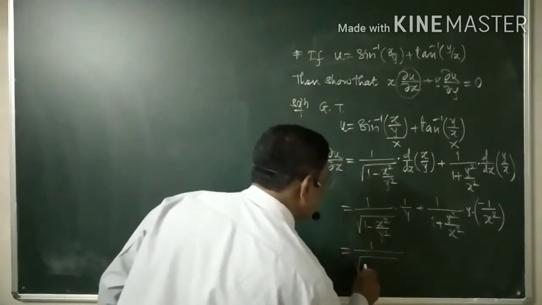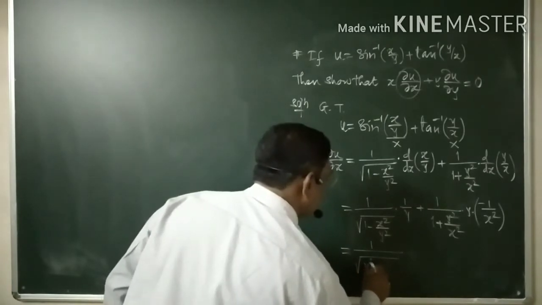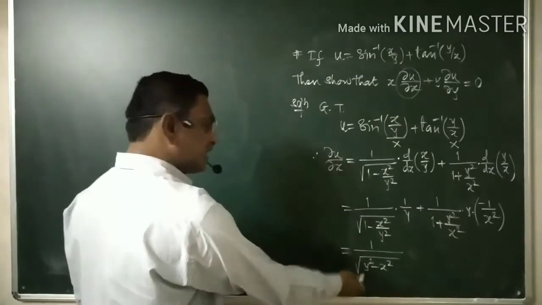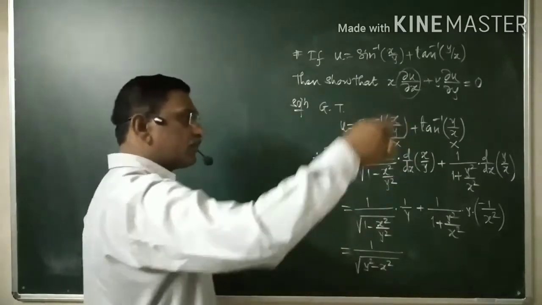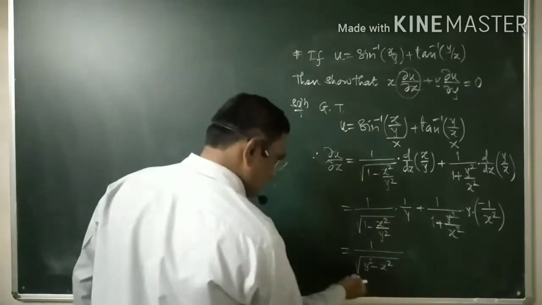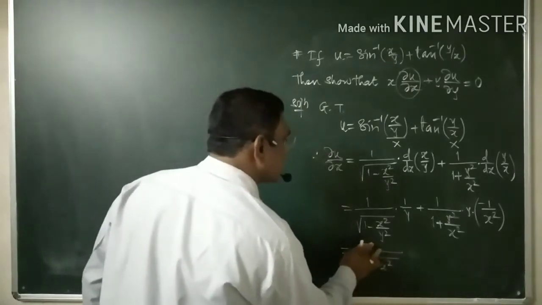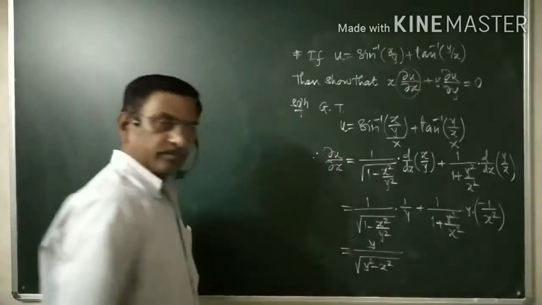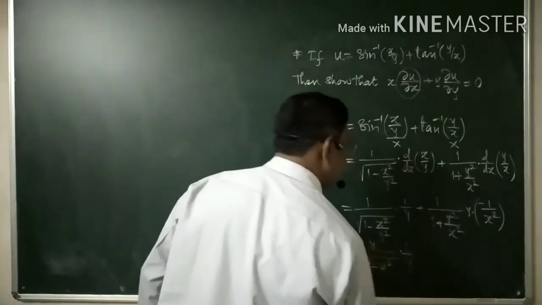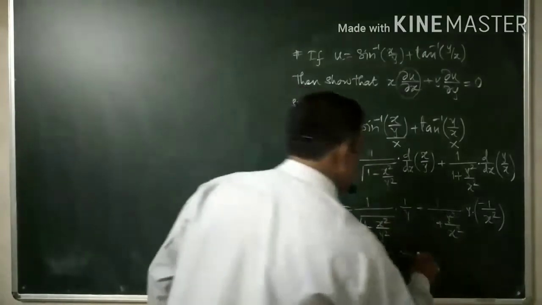Therefore, I will write here y square minus x square upon y square, but that y square is in root, and if you find its square root, it becomes y. This is upon y. Therefore, what you get is here y into 1 upon y, as it is, plus.